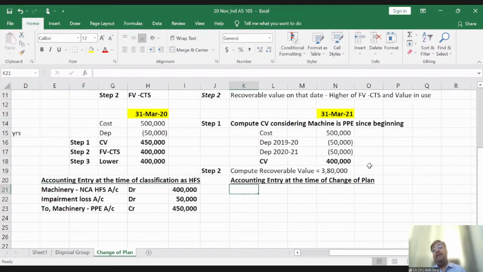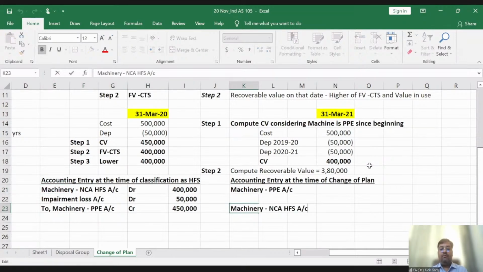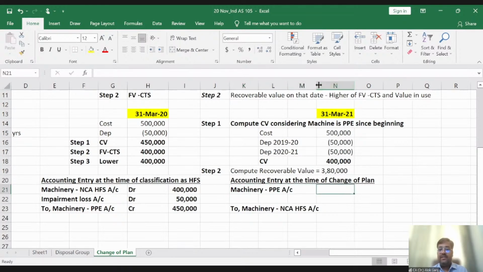But now, when we are reclassifying it back to PPE, the accounting entry is: Machine PPE account debit, to machine NCHFS account.